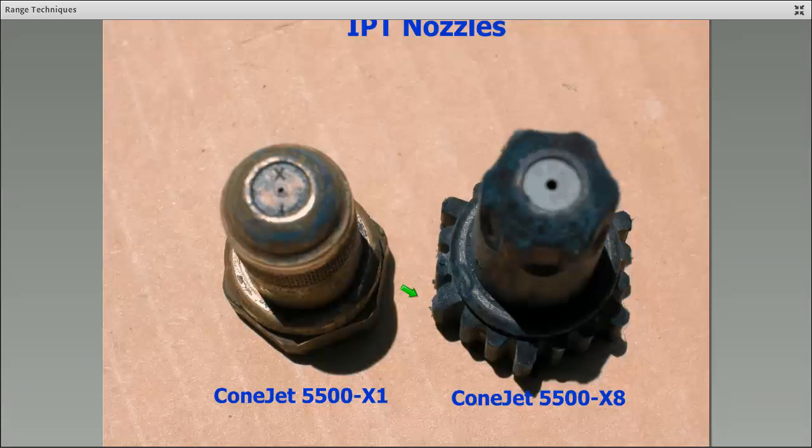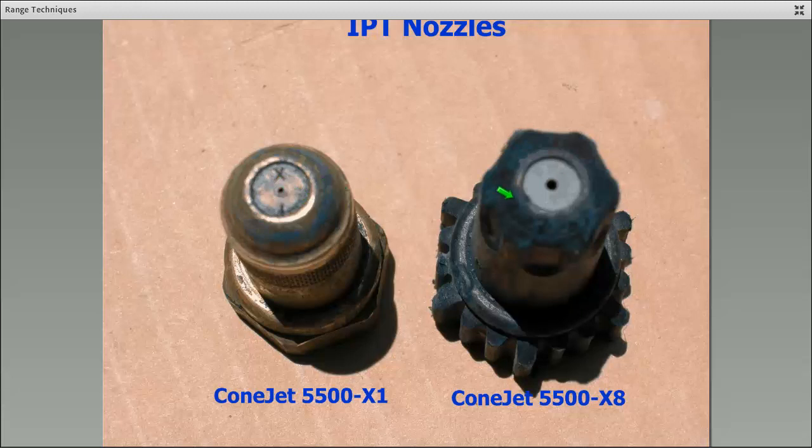Some IPT nozzles to consider. We have moved off broadcast now, and now we're talking about individual plant treatment. Anytime you're doing an individual plant treatment that contains remedy and diesel, spray in the base, this X1 nozzle would be the nozzle of choice.